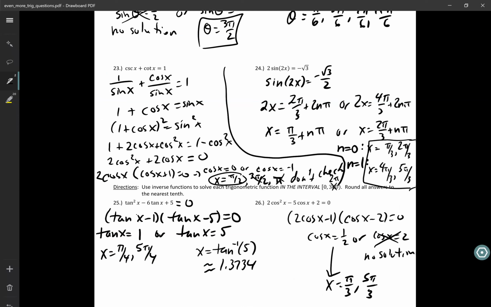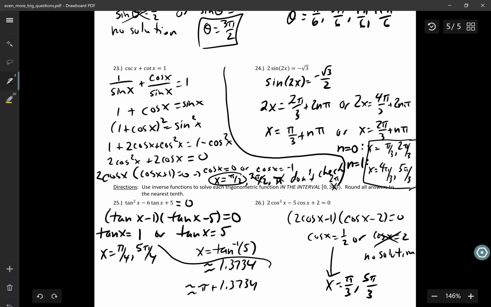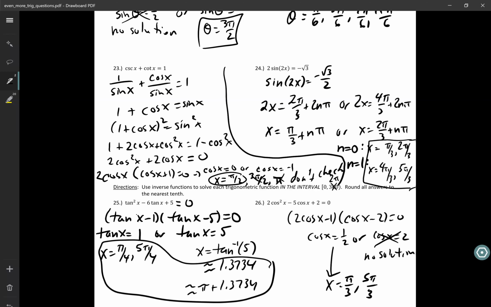This, remember, is in quadrant 1. Inverse tangent always gives you an angle in quadrant 1 or quadrant 4. We have found the one in quadrant 1. To find the one in quadrant 4, we need to add a pi to it. So we also get the pi plus 1.3734. So we get these 4 solutions.